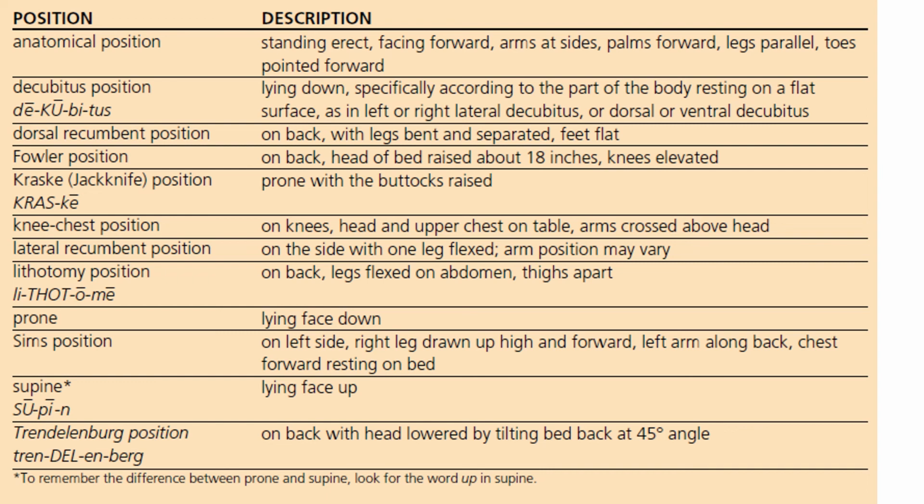So basically, Sims position is like your position sleeping while hugging a bolster pillow or your hot dog pillow. Next, we have the supine position, lying face up. So if prone position is nakadapa, the supine position is facing up or nakatihaya.